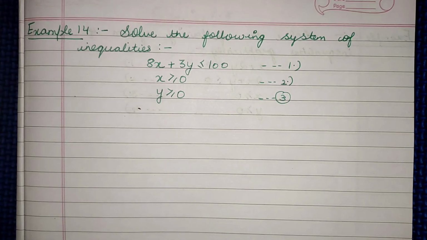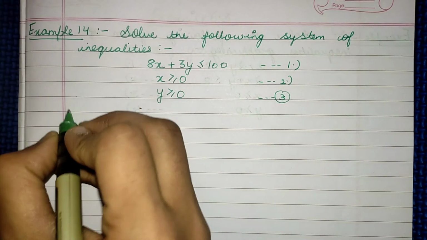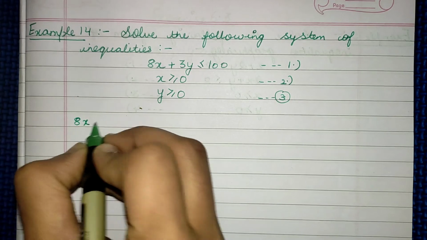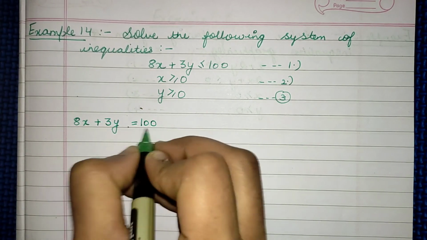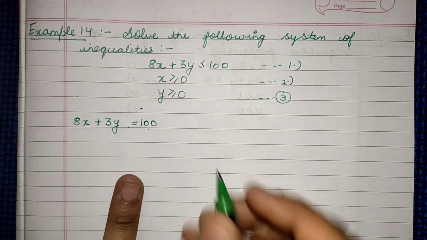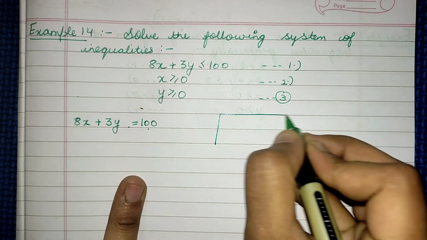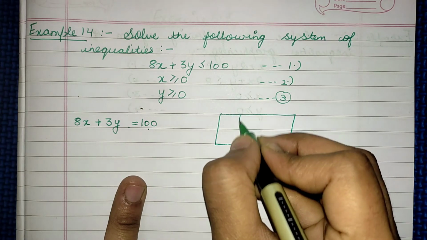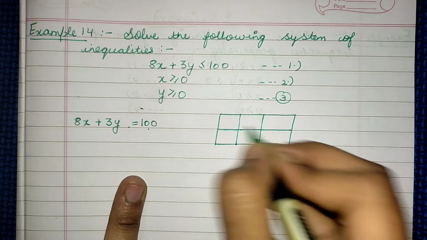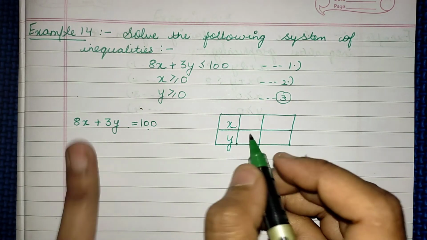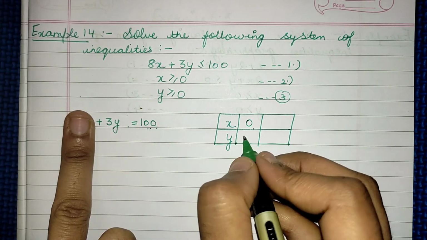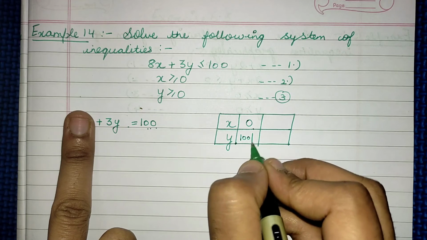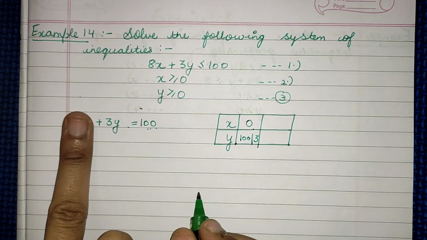Okay, next example, again the same example. The very first step is what? You have to forget about your inequality symbol and write down the equation like equal to. Then find out the points of the line. Points of the line will be what? If my x is equal to 0, then my y will be equal to 100 by 3.